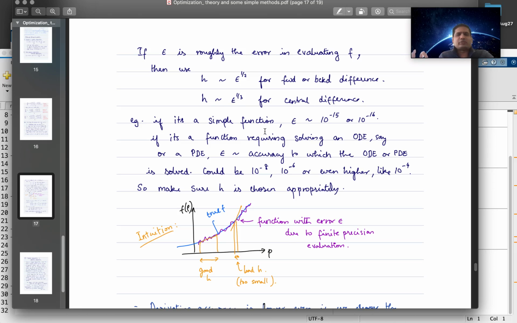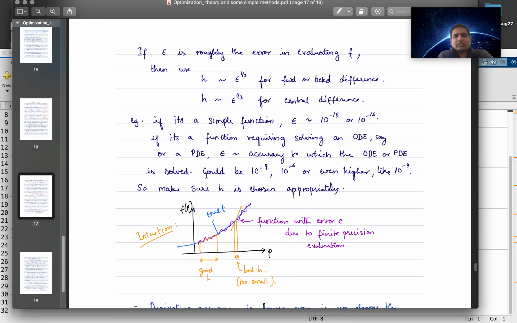If you have a very simple function like we've discussed, your function error is about 10 to the minus 15 or 16, because you have 15 to 16 decimal places of significant digits. Roughly, your machine epsilon is about 10 to the minus 16.